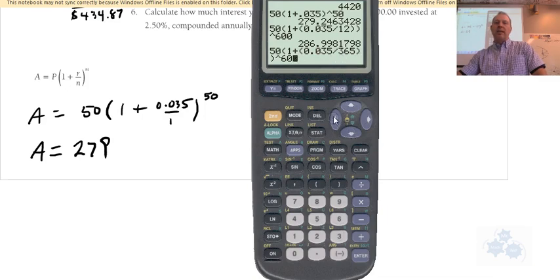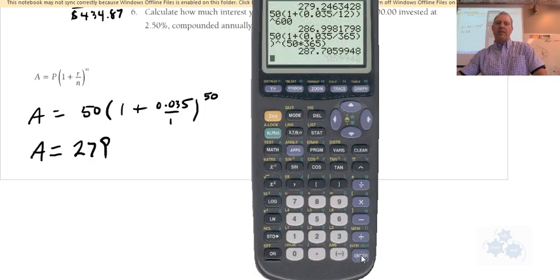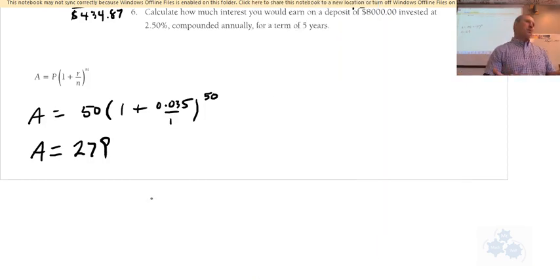And then let's take it to the power of 50 times 365 days in a year. Let's see. You get almost another dollar. So the more times it's compounded, the more money you get, even though it's just a little bit.